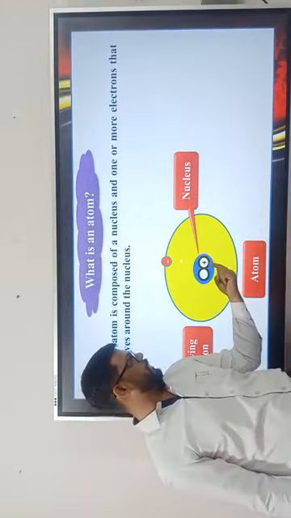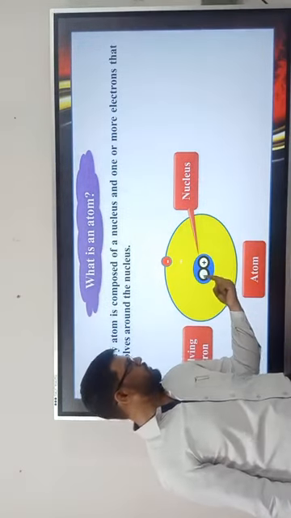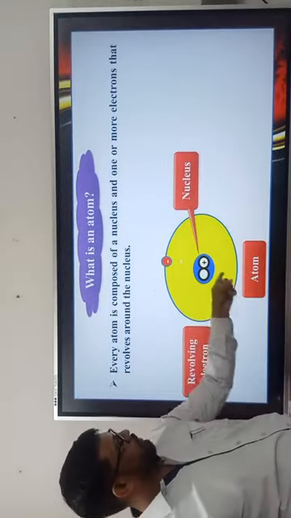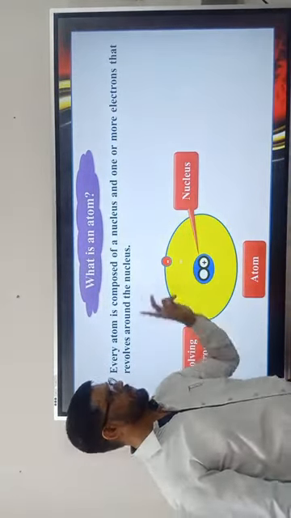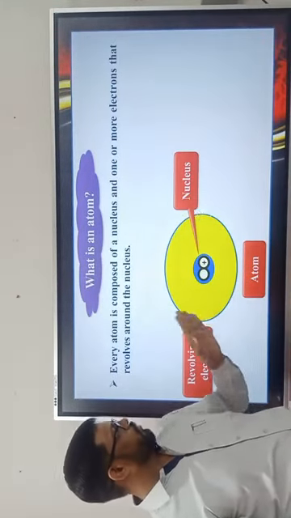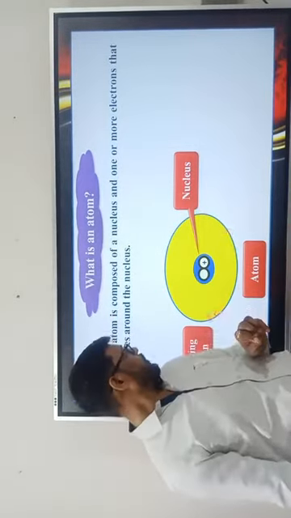Subatomic particles are proton and neutron. The proton has a positive charge, the neutron has no charge. There is a shell or orbit or energy level that contains an electron, and this is how it is moving in a circular path around the nucleus.